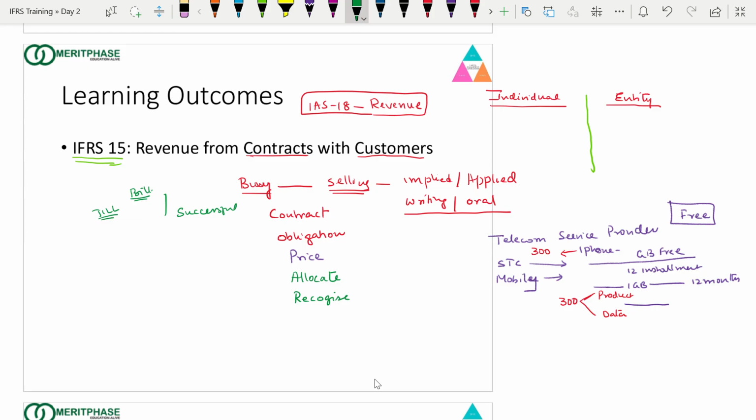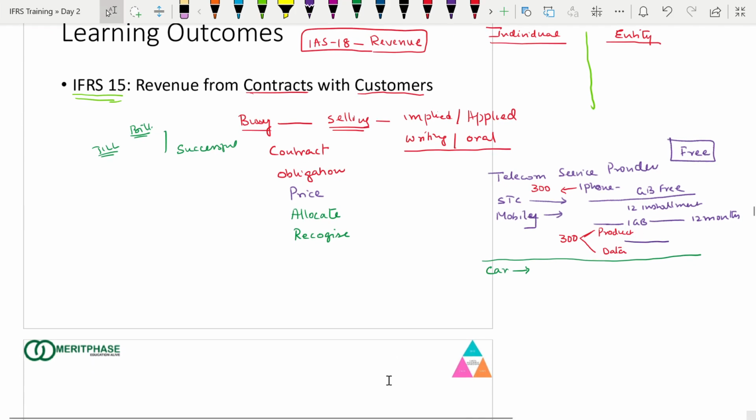Any transaction, you take it. Now I gave you a simple example of a telecom service provider. I will give you an example of a car. In the Gulf it is a practice during Ramadan. They come up with a lot of car offers.